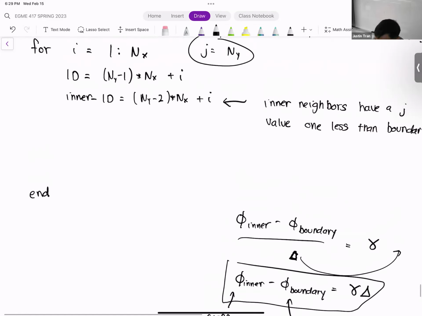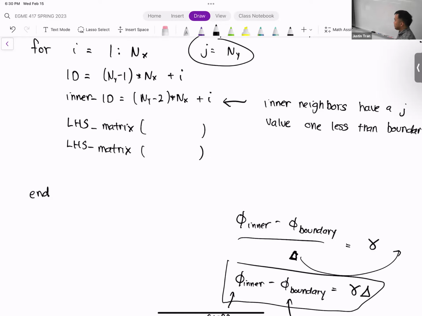All right, so let's go ahead and encapsulate that into the code. We have the left-hand side matrix. We're going to need to have 2 lines for this, because we have 2 coefficients that we need to specify. Let's do the coefficient for phi boundary first. Phi boundary is going to be ID comma ID, so that's going to be -1, according to our equation.